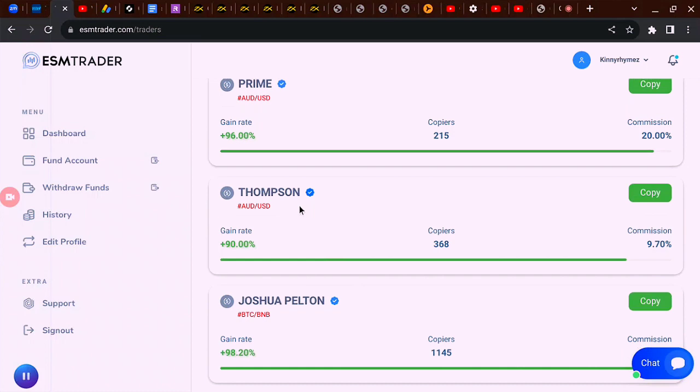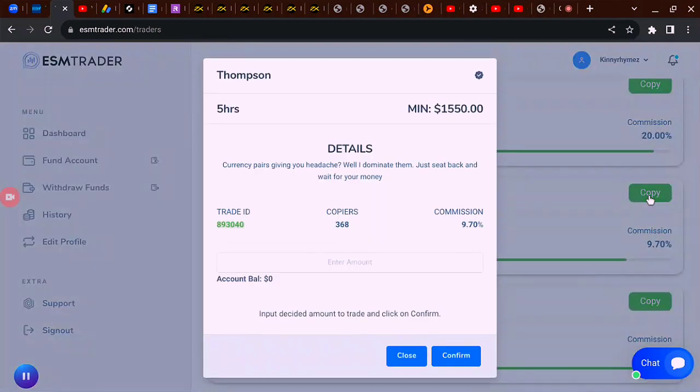You click on this one. This person also wants a minimum of 1550 USD. Within 5 hours you will get it, and you get your commission of 9.70% of the money you invested in this person.